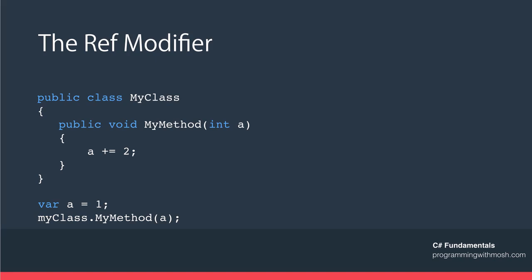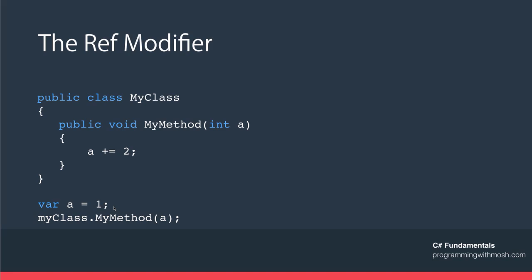So let's just imagine this my method here takes an integer, and whatever we pass, it adds 2 to that integer. Now take a look at this example here as what we would write to call that method. Now I have a question for you. Here we have set a to 1. We call my method and pass a. What do you think would be the result of a after returning from this method?